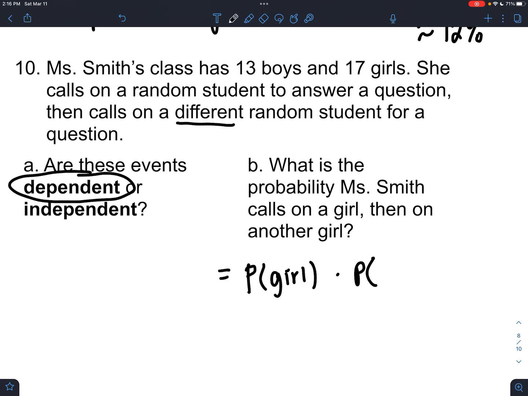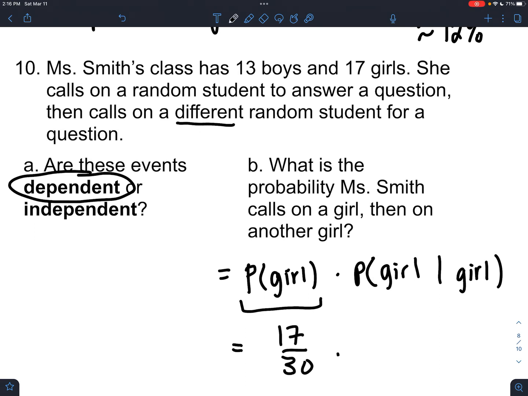Okay. What's the chance that she calls on a girl and then another girl? Well, that would be the probability you pick on a girl times the probability you get another girl. But it doesn't end there, because this probability that you pick a girl is different than the first one, because the first one you got 30 people, but then the next one you only had 29. So this is the probability you pick a girl given you picked a girl to start with.